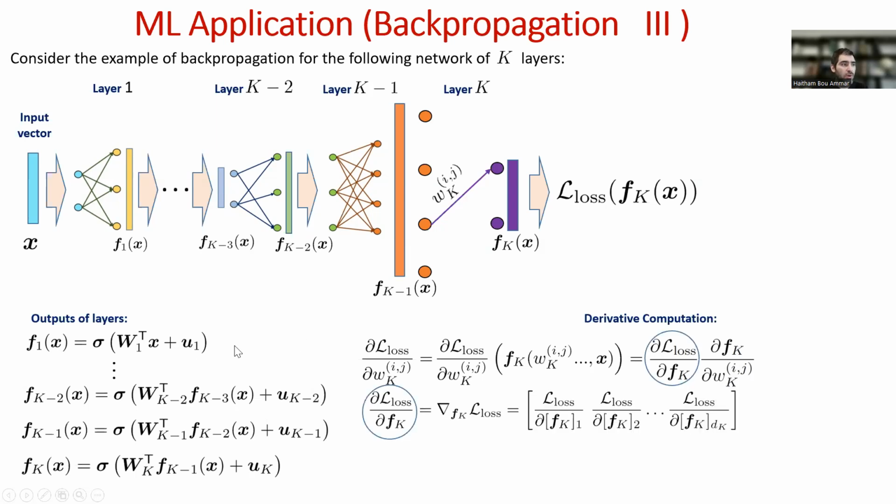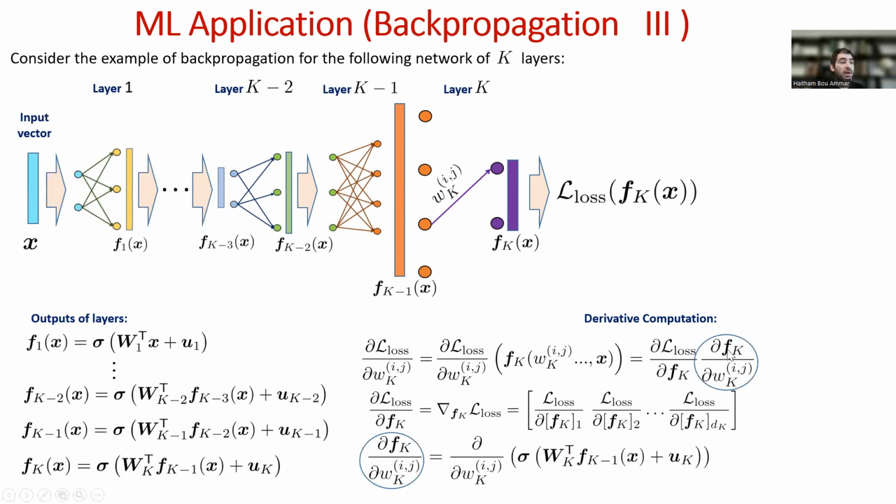Following the definition, the first factor in that product is nothing but the gradient of the loss function with respect to the output of k, and it constitutes a dk-dimensional vector. Dk here is just the dimensionality of the output of the k layer. So the output of the k minus 1 layer will be dk minus 1, the output of the k minus 2 layer will be dk minus 2, and so on, just for notational convenience.